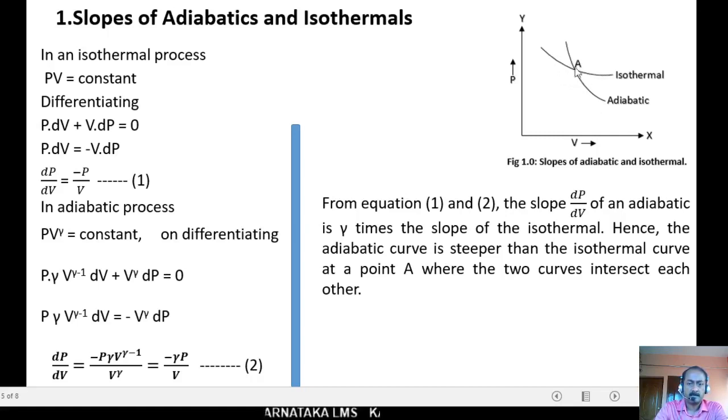On this PV diagram, the term dP by dV indicates the slope. Hence the slope of the adiabatic is gamma times the slope of isothermal. This is about the slopes of isothermal and adiabatics.